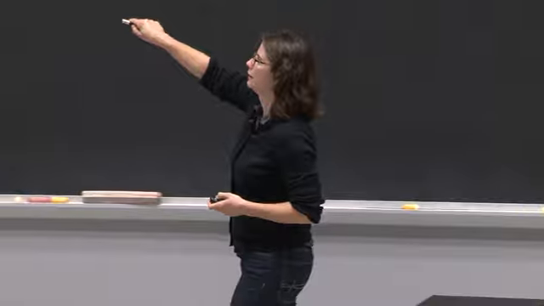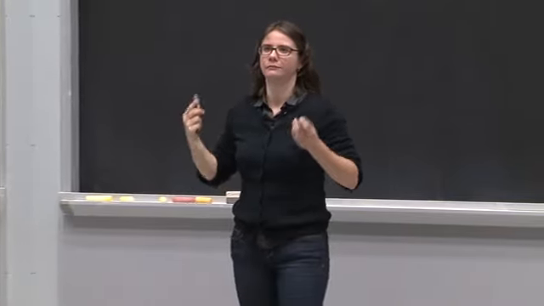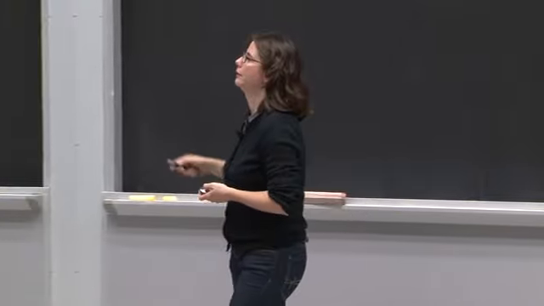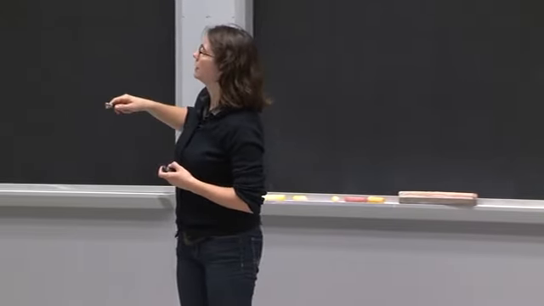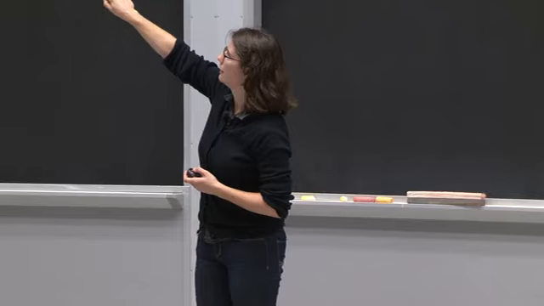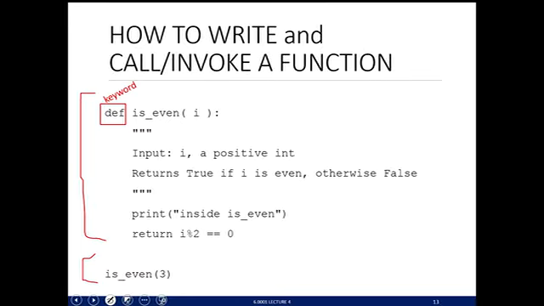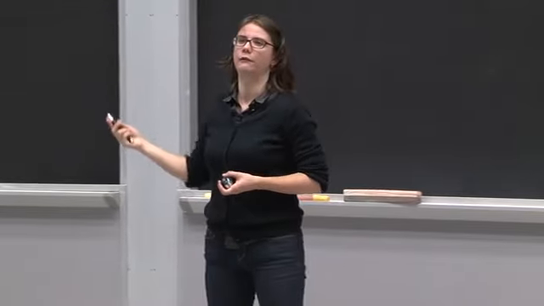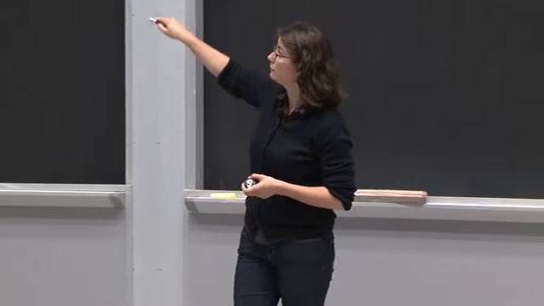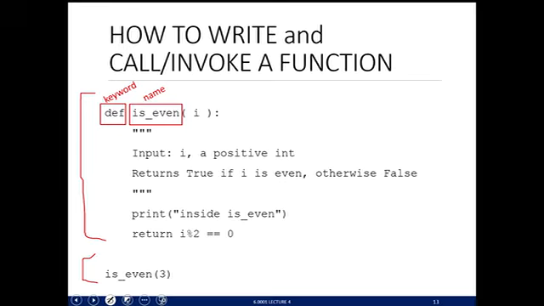So remember, someone has to write the function that does something to begin with. So this is how you write the function. The first is going to be this def keyword. And def tells Python, I'm going to define a function. Next is the name of the function.